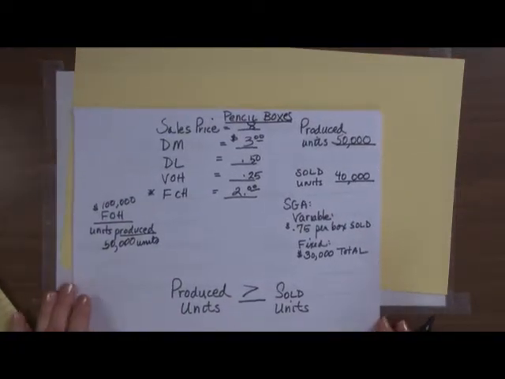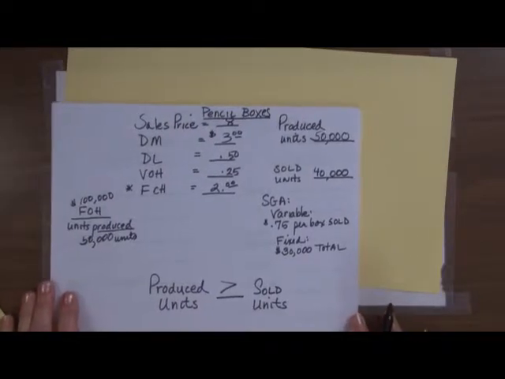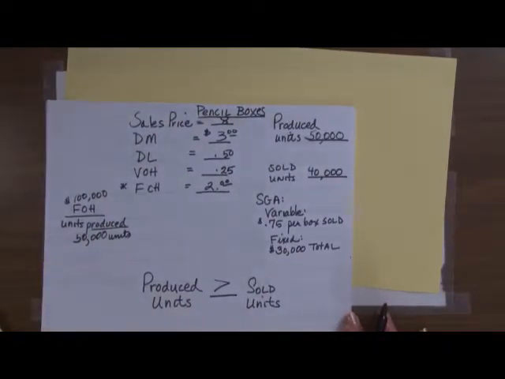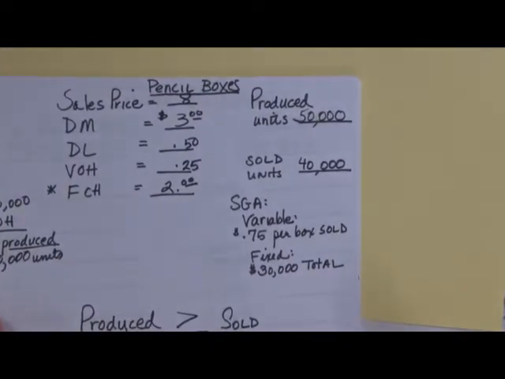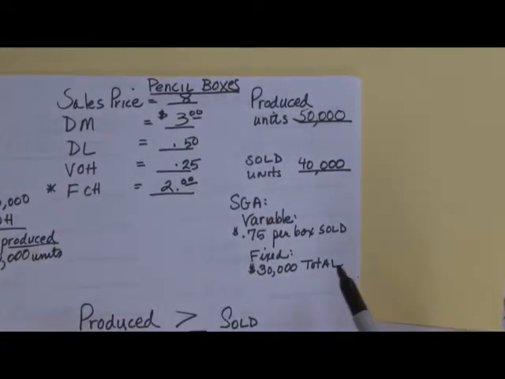Let's look at the SG&A too. It has both variable and fixed components. The SG&A is going to be computed every period as 75 cents times every box of pencils that we sell, plus $30,000 in fixed cost.